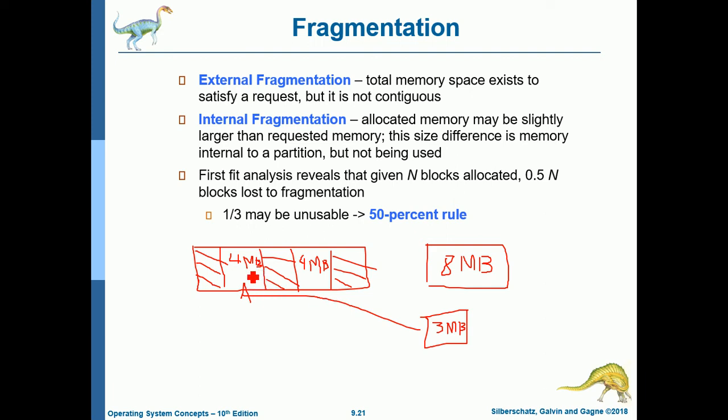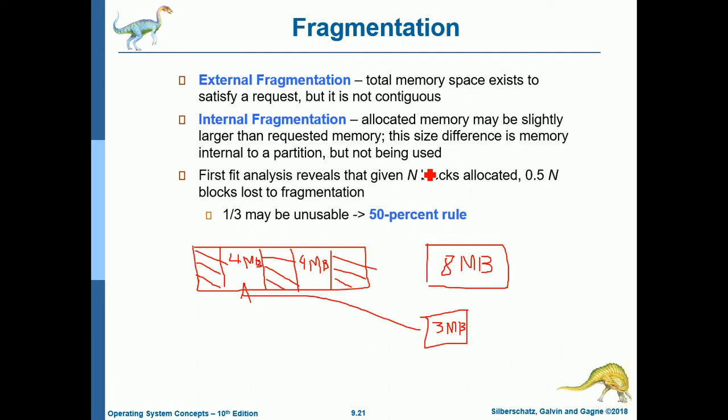That 1 megabyte is already called internal fragmentation, because the space here is 4 megabytes, but the process that has arrived needs 3 megabytes, so if you put it here there is still a space, that 1 megabyte, which is memory internal to a partition but not being used. That is what is called internal fragmentation.